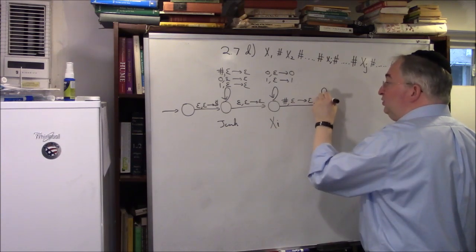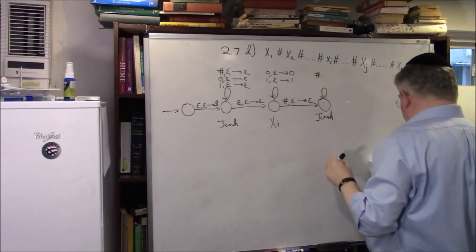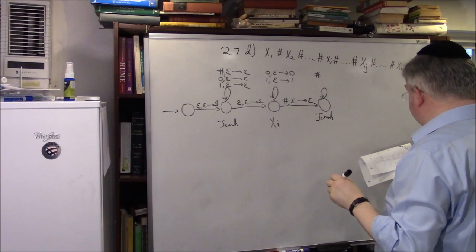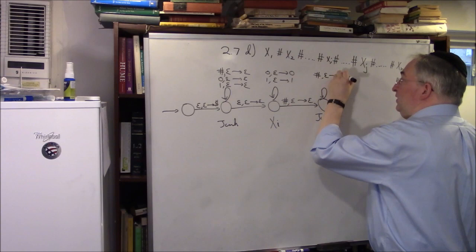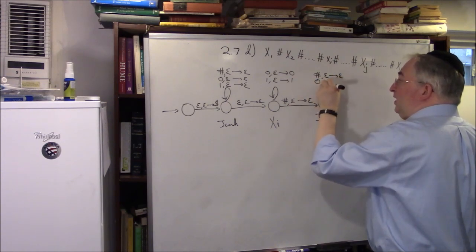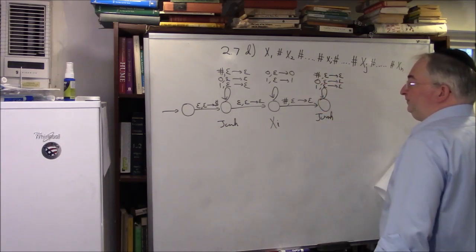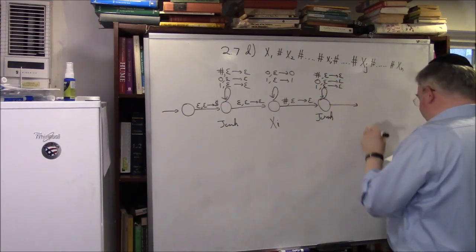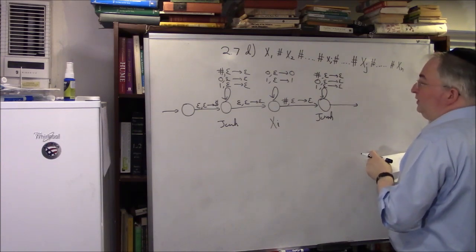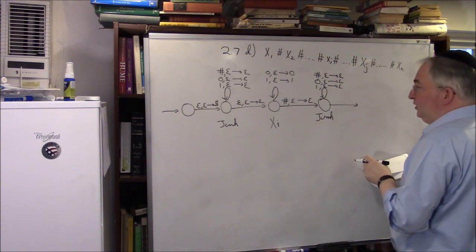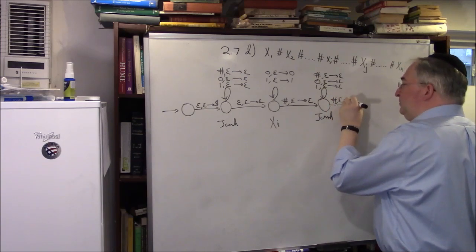Okay, so we're going to have to do this. Again, we know what to do with junk. Okay, basically, number sign, epsilon, epsilon, 0, epsilon, epsilon, 1, epsilon, epsilon. Okay, so that's a lot of junk. At some point you're going to be finished with the junk. So let's put a number sign here, epsilon, epsilon.